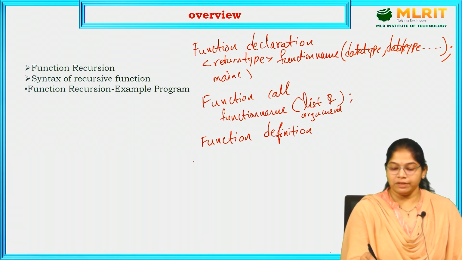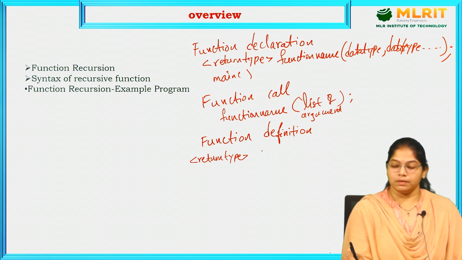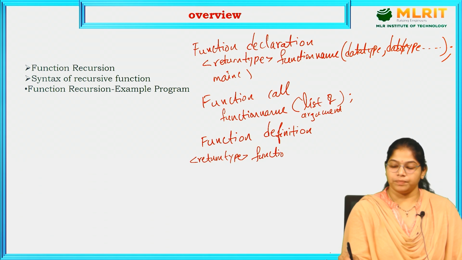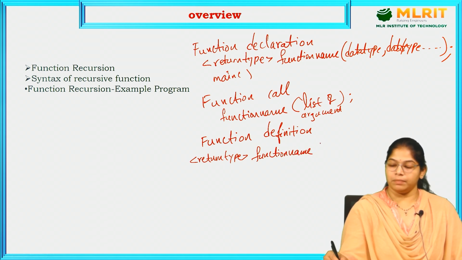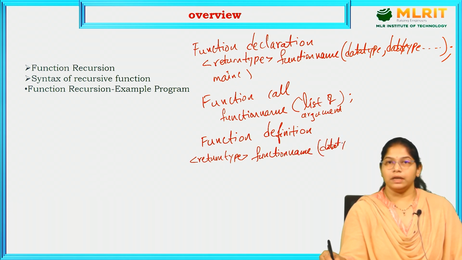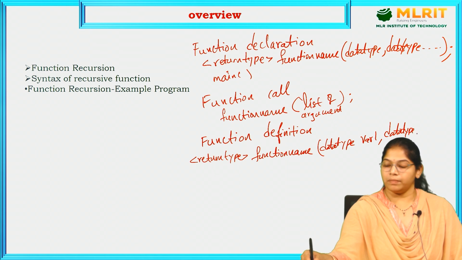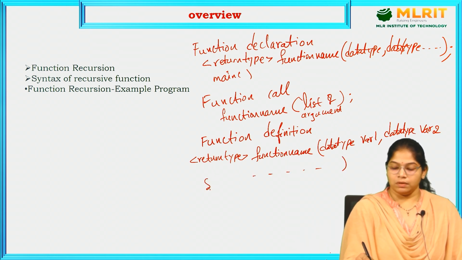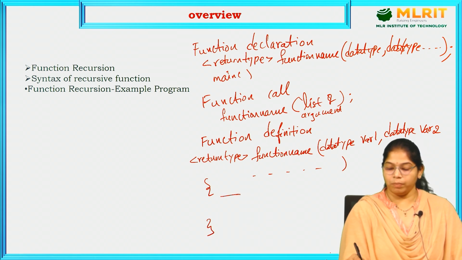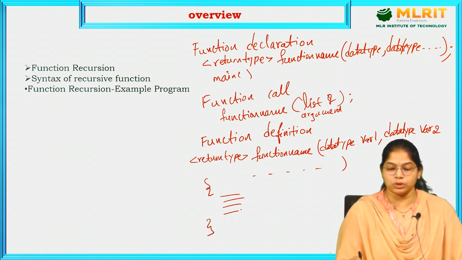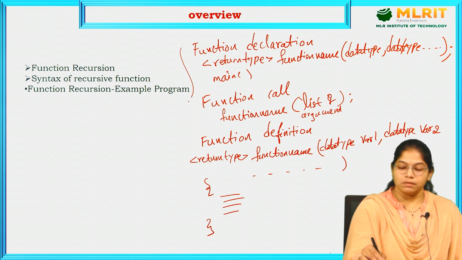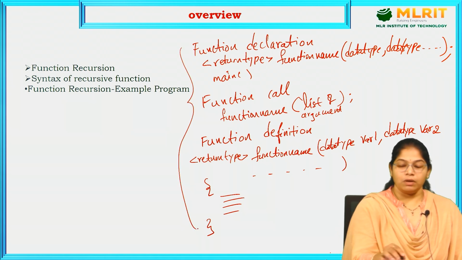Then function definition: return type, function name, data type, for variable here I am considering var1, comma, data type, var2, and so on. Function scope, here we'll write what this function has to do. This is a normal function. How do we write a function?